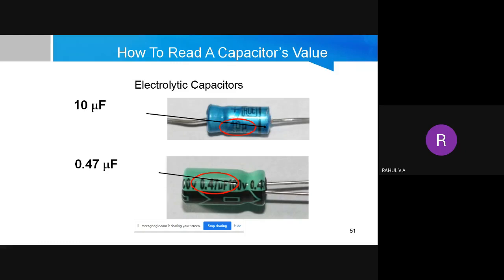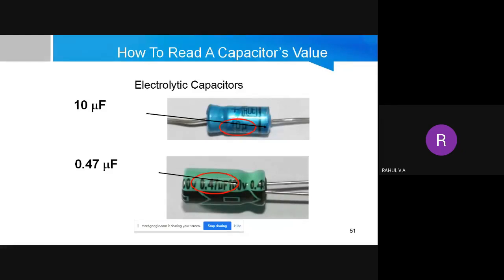So for understanding capacitor value, they are using 3 methods. One, you can directly read the capacitance value from the body of the capacitor. Second, we will be having a numerical code. We have to decode that code to understand the exact value of the capacitor. And the third, here also we are using color coding mechanism.